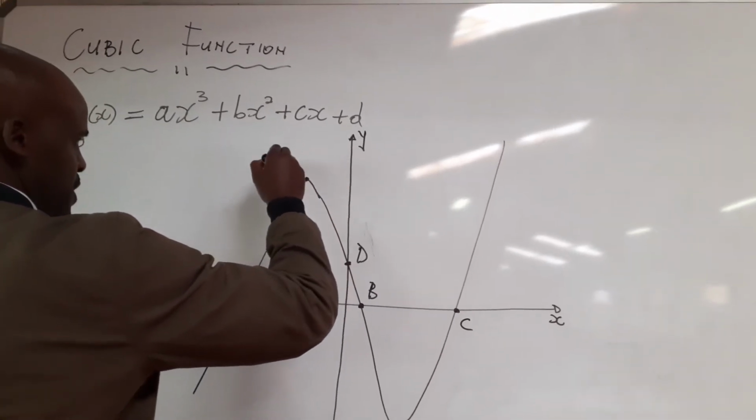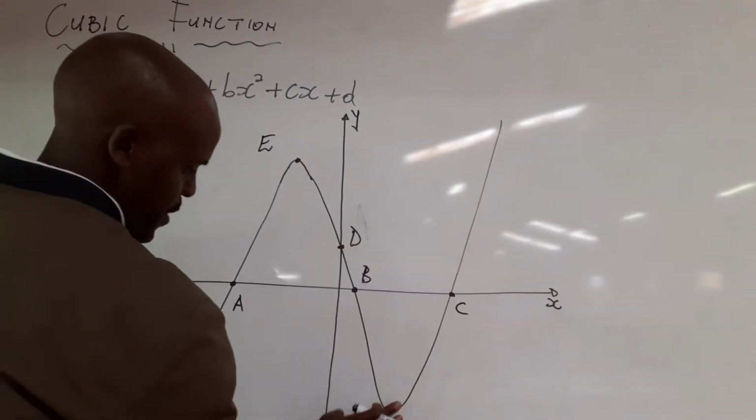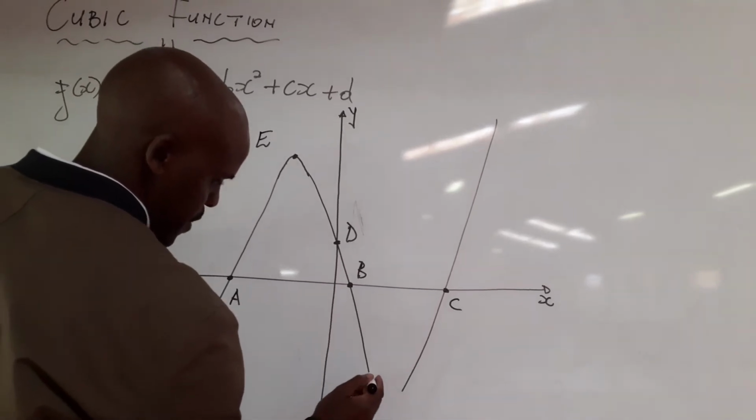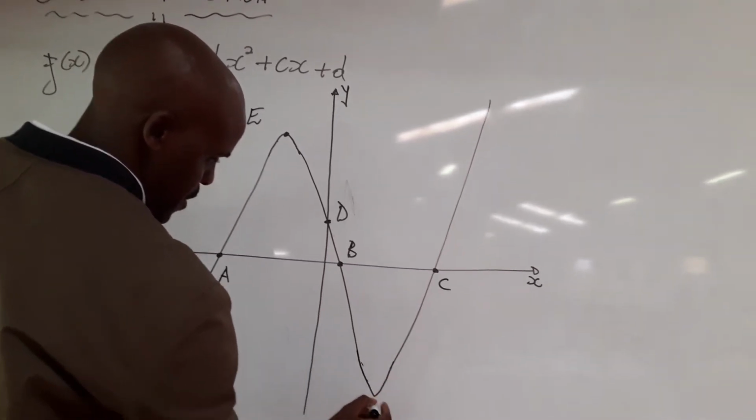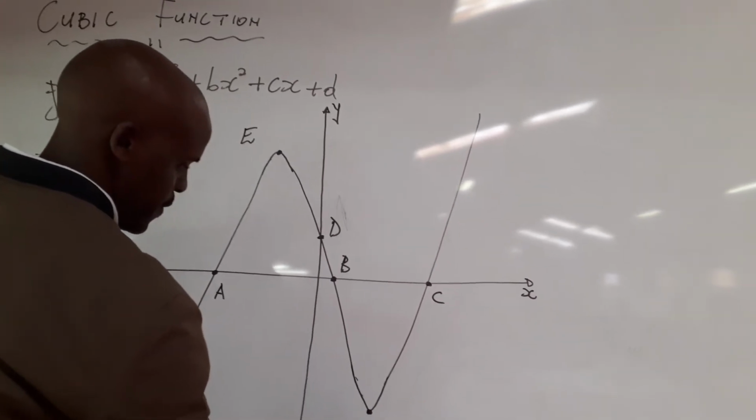Let's say this is point E, another stationary point here. Let's say this is point F.